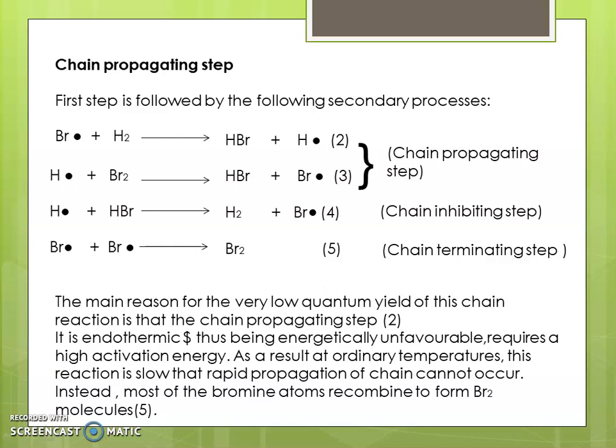That is, this reaction is very slow at ordinary temperature, since this is a photochemical reaction, which takes place with the absorption of light. We are not supplying extra heat.